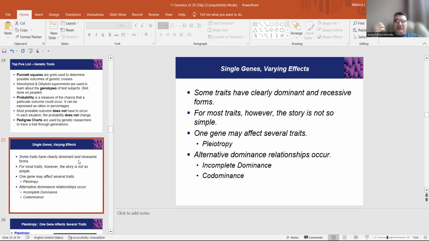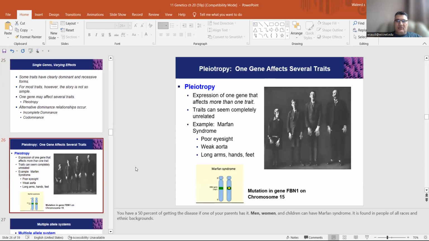One more time, if it's complete dominance, when you have heterozygous, one dominant, one recessive, the dominant masks the recessive, 100%. This is 100, this is 0. But sometimes it's not the case. It's not complete dominance, it's incomplete. So both of them will show up in different percentages, or both of them will show at the same time, and I will show you what I mean.